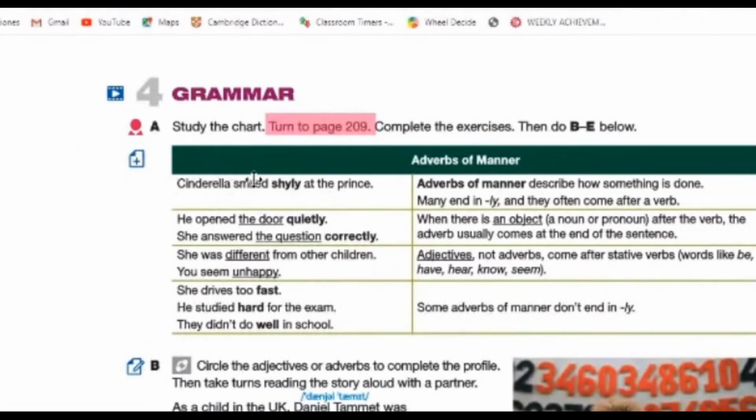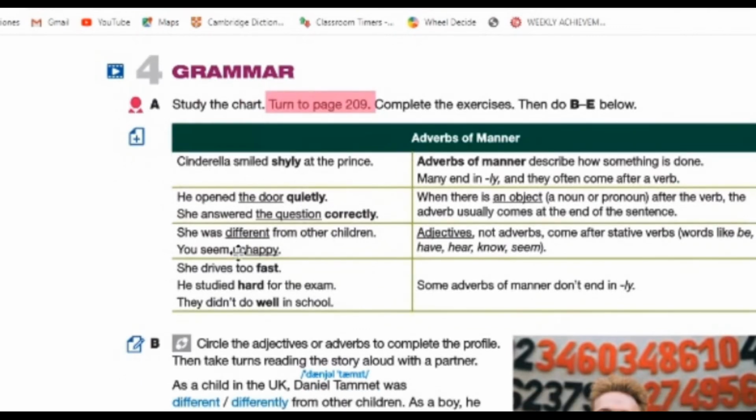And for example, here you have the order, the structure is in this way. Here you have subject, verb, and the adverb, and sometimes we have the complement, sometimes we don't. In this part you have the object, the door, the question, and then you have the adverb. Here, for example, this is with adjectives.